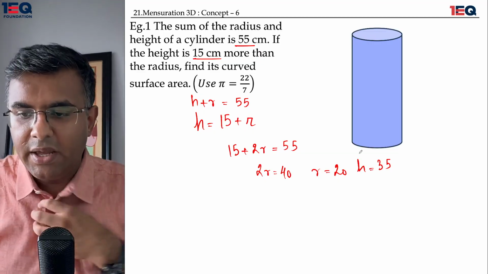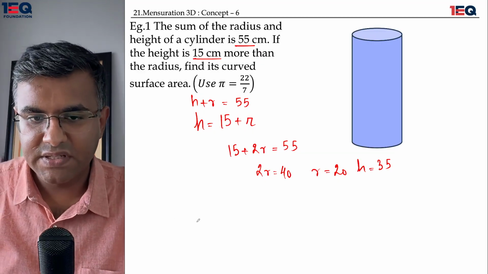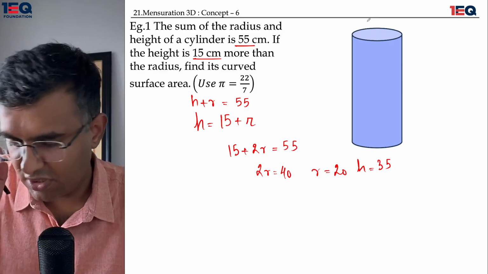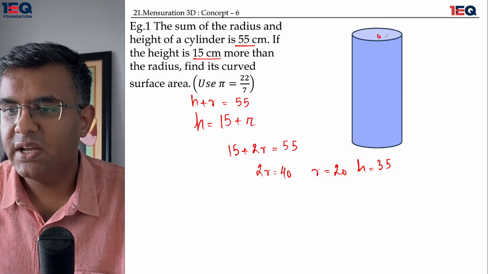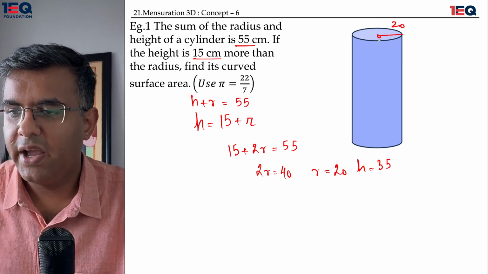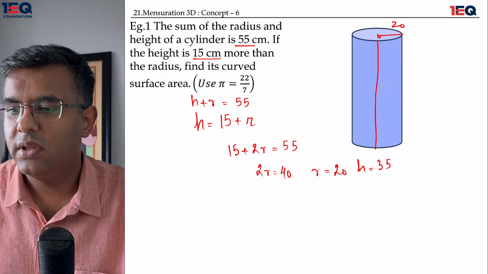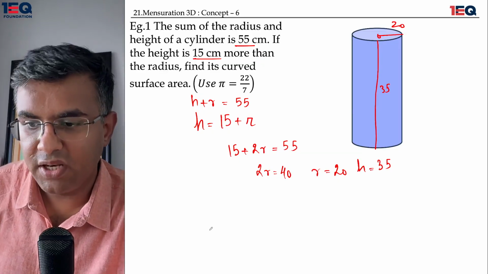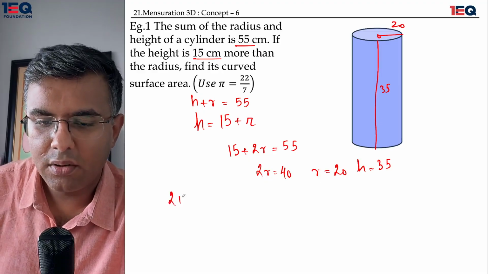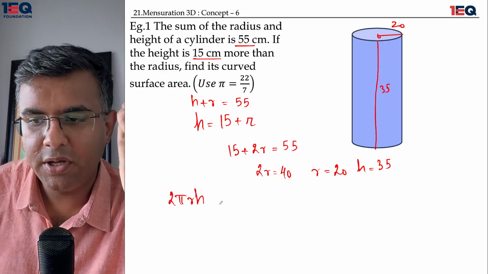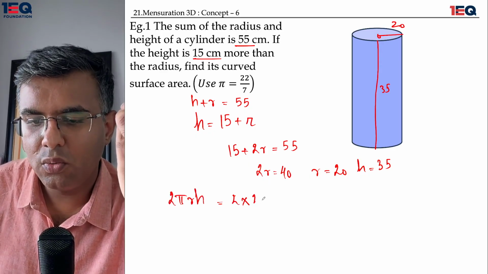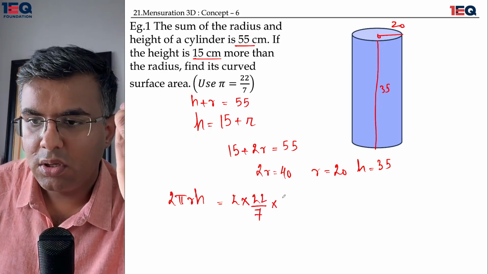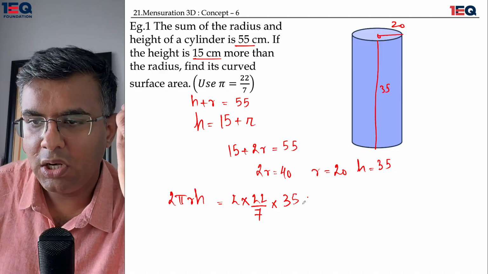Now I will simply apply the formula of the curved surface area of a cylinder. I have the radius, which is 20, and the height, which is 35. So when I have 20 and 35 in my kitty, I simply apply the 2 pi rh formula: 2 into 22 over 7 into 35 into 20.